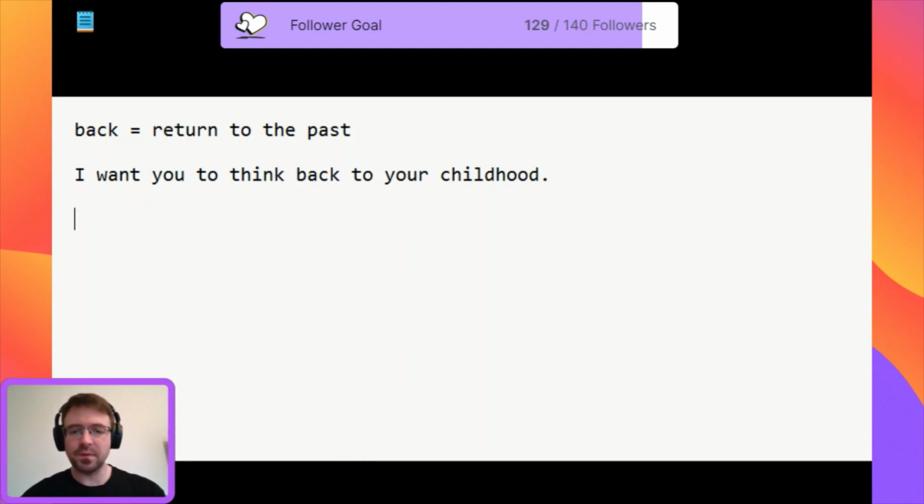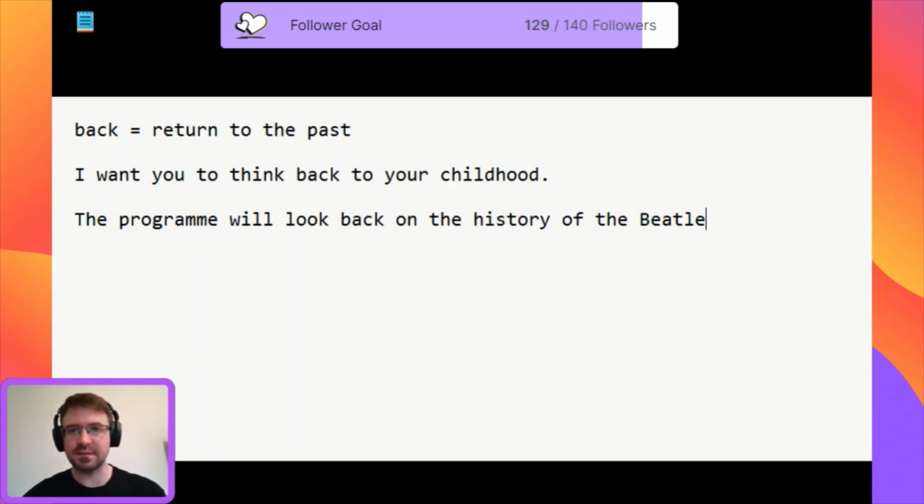Or, for example, the program will look back on the history of the Beatles. Again, this idea of returning to the past. And this is what back typically does. It returns us to the past and shows that we are thinking about something that already happened at some point in the past.